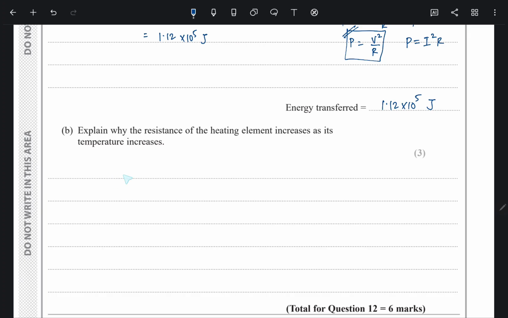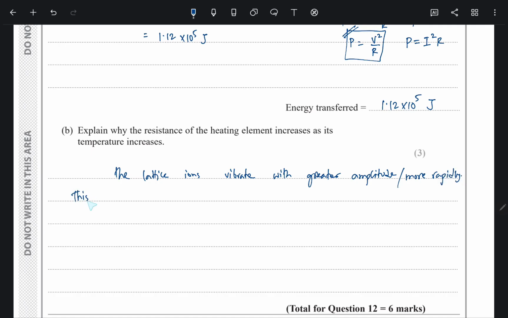So increasing the temperature, the lattice ions vibrate with greater amplitude, or you can just write more rapidly, right?